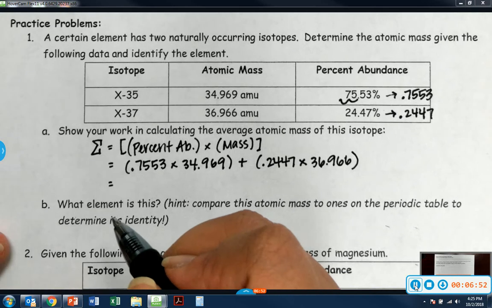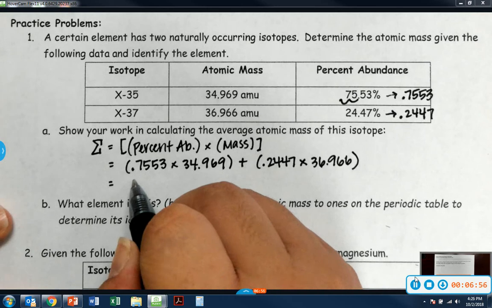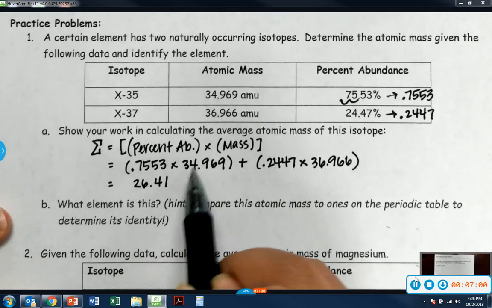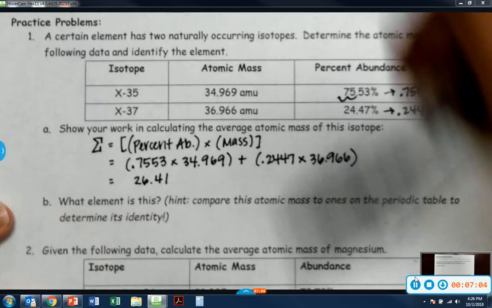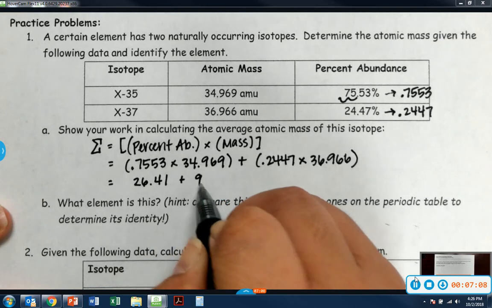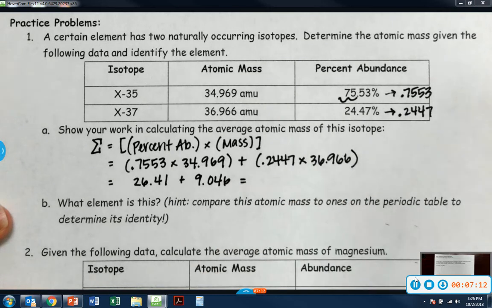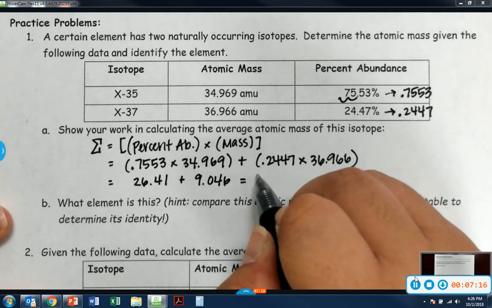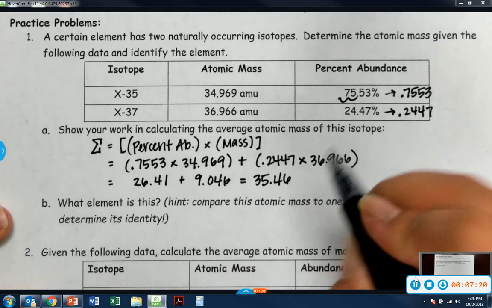Alright, in your calculator, what you should have got was 26.41 for our first isotope. And for our second isotope, you should have got 9.046, which, when we add that together, you should get 35.46.